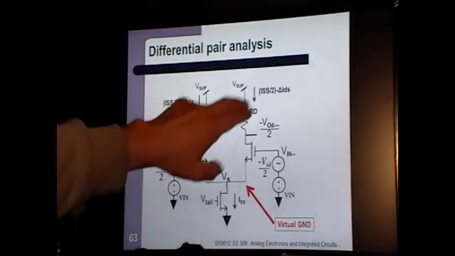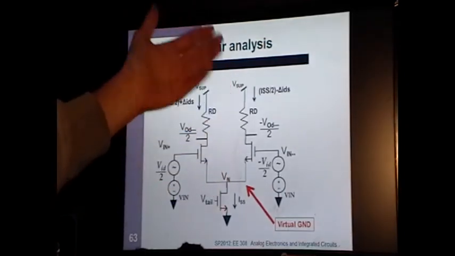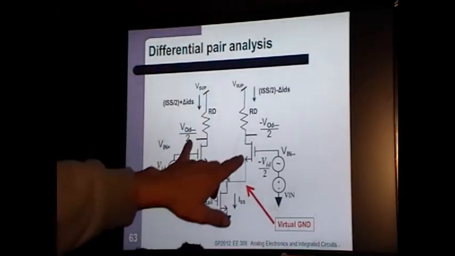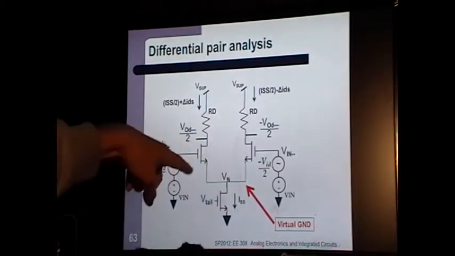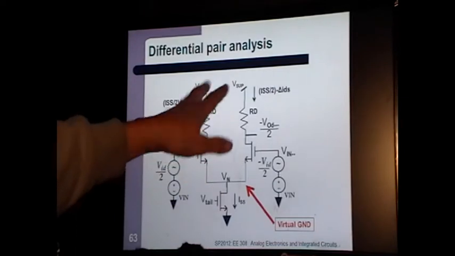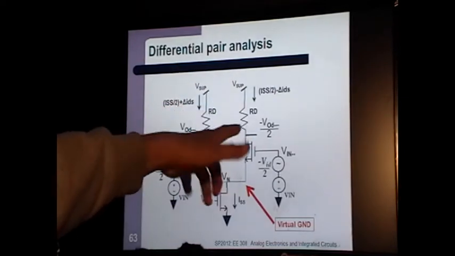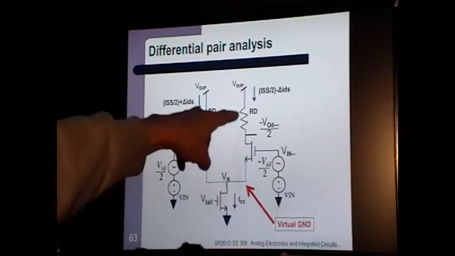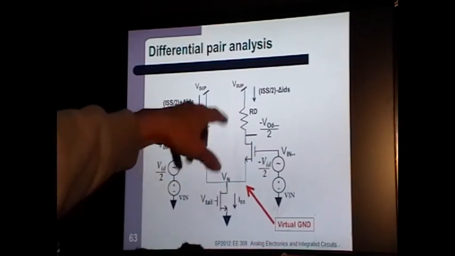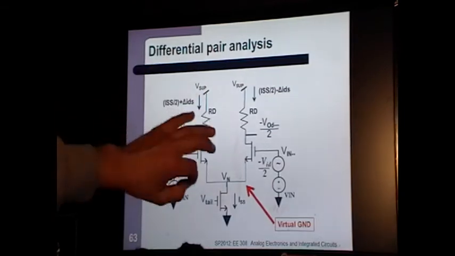But the one thing you need to notice is that by definition, if you have balanced inputs, that means half of the signal shows up here and half of the signal shows up over here. They're moving in opposite directions, but half of the signal on each side. If you have half of the signal here, that means that output is going to change half as much as if you give it the whole signal.